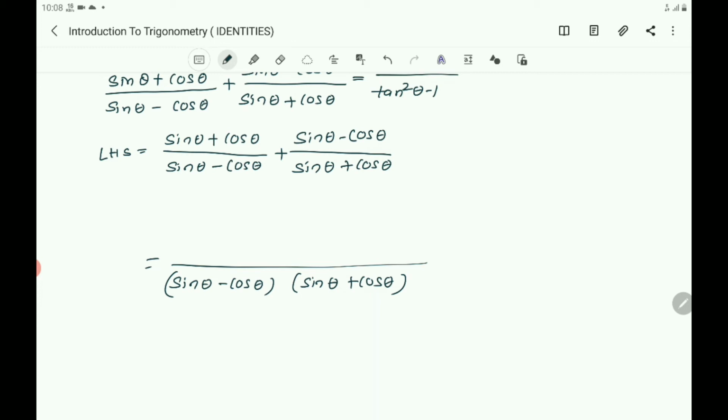Now the numerator becomes, here you know that this is multiplied by sin theta plus cos theta, therefore sin theta plus cos theta must be multiplied by sin theta plus cos theta.